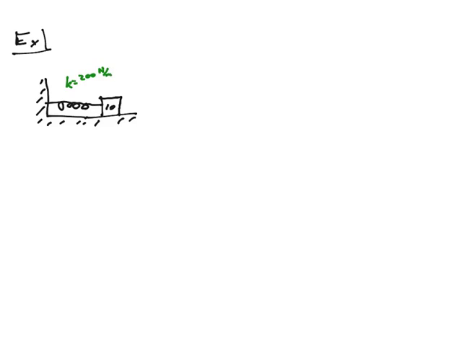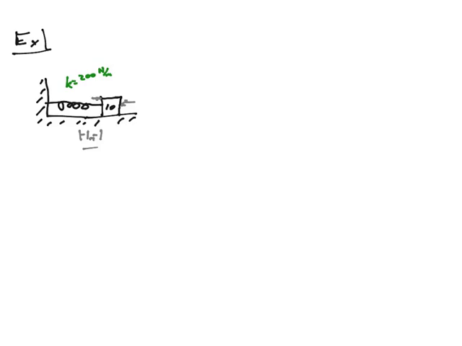What happens? Well, first, let's say we compress this spring by 1 meter. So, we push the block to the left, compressing the spring. We compress it by 1 meter, and we're holding it there.